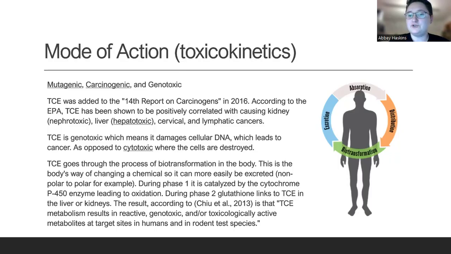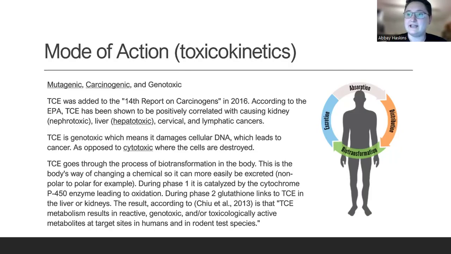Then during phase two, it links to glutathione in the liver or the kidneys. It can happen in either place or both. And then, according to this paper, the metabolism results in reactive, genotoxic, or toxicologically active metabolites at target sites in humans and in rodent test species.